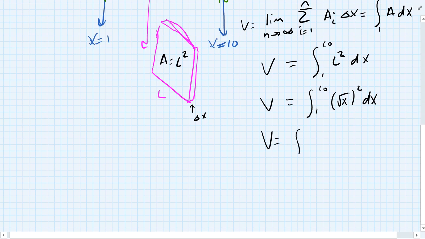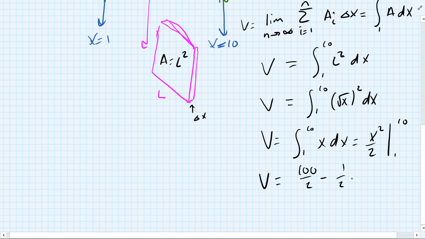Volume is equal to the integral from 1 to 10 of x dx. What's the antiderivative of x? x squared over 2, evaluated from 1 to 10, so my volume is going to be 100 over 2 minus 1 over 2, which is 99 halves, which is 49.5.